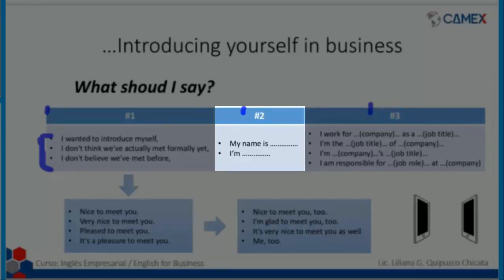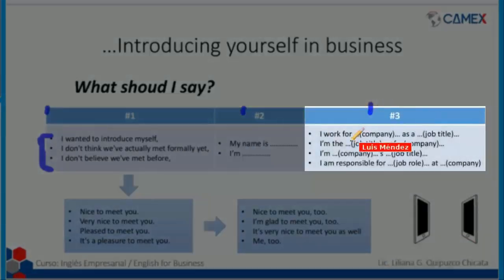Finally, the third part of the introduction is to say who I work for. In this case, for example, Microsoft. So I work for Microsoft as a, and then you say the job title.